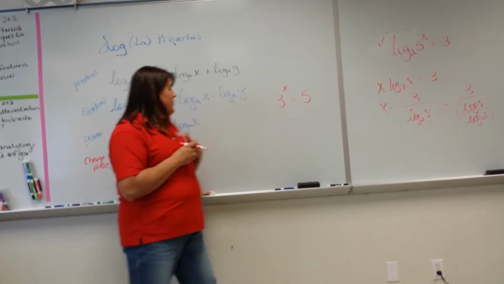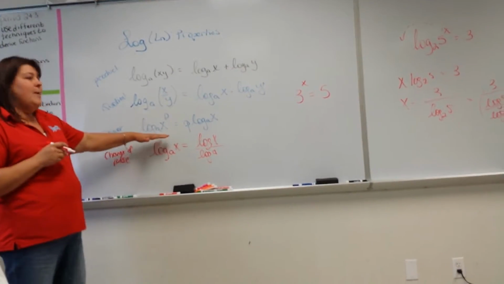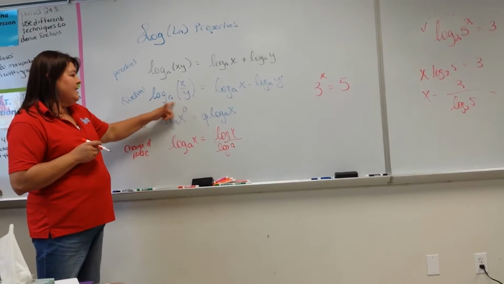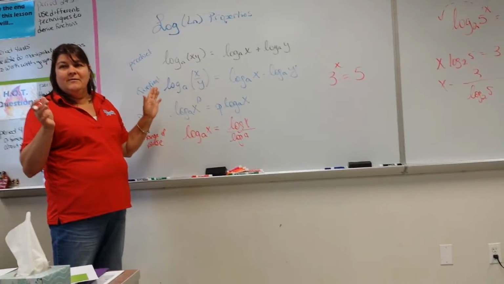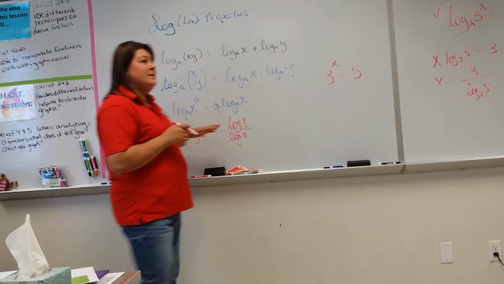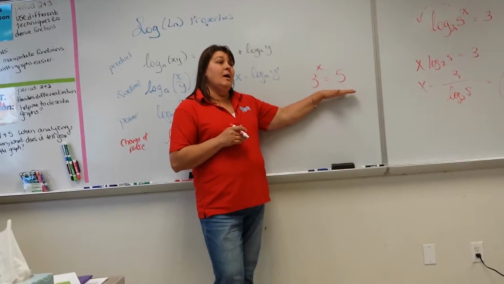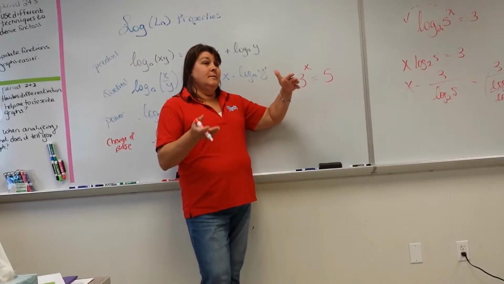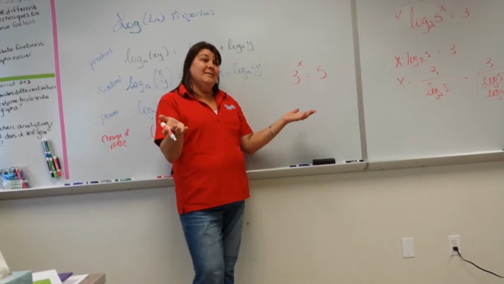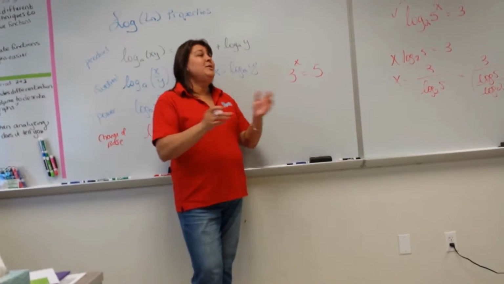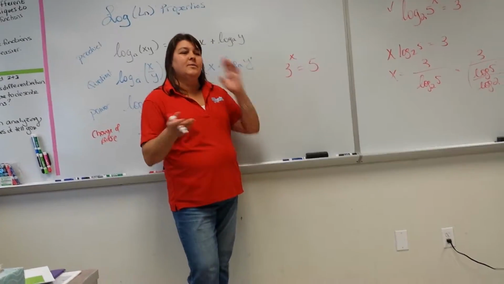So look at this property over here. The property says with the power, I can bring it down to the front and be good, right? But over here, the issue is I don't have the word log or natural log. So I'd add them to both sides. That's exactly right. I'm going to use natural log so you can see how it works with natural log.